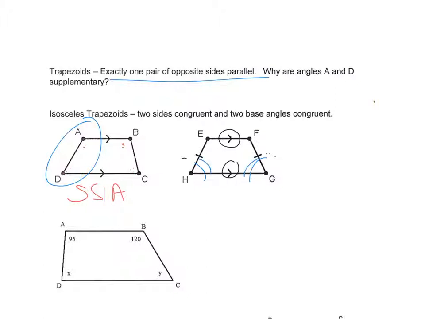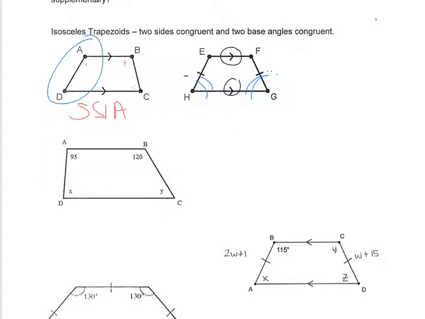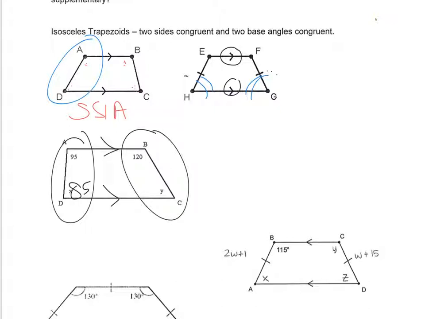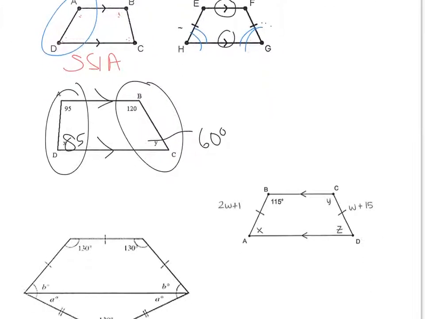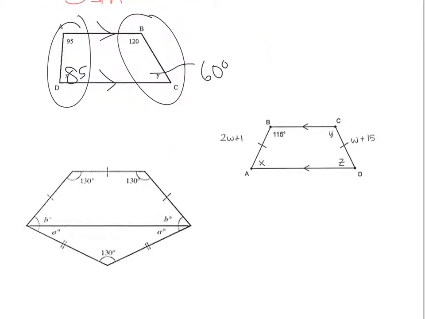So you can use that to solve problems. So if I know that this is a trapezoid, then these two have to add up to 180. So x has to be 85. These two angles have to add up to 180, so this has to be 60 degrees. And then this one's an isosceles trapezoid.